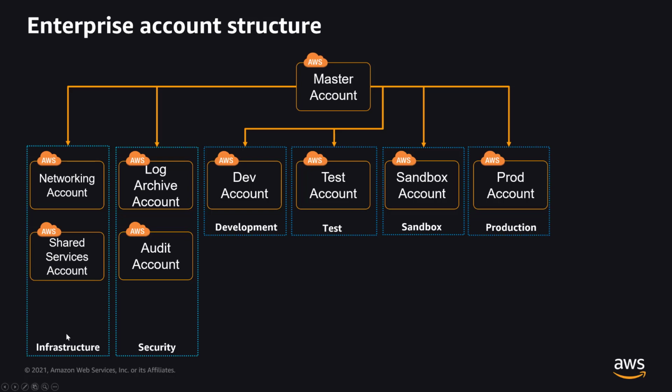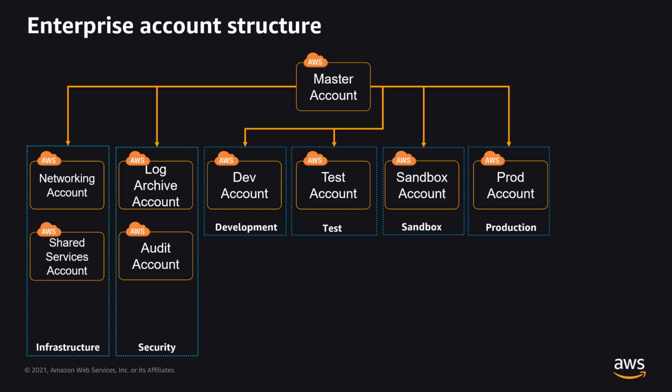And in the infrastructure OU, we have two very important accounts, the networking account and the shared services account. Depending on how your IT organization internally is set up, in some IT organizations the networking account, meaning the networking engineering and networking operations team, is responsible for maintaining and managing DNS. In other organizations, a shared services account takes that role.